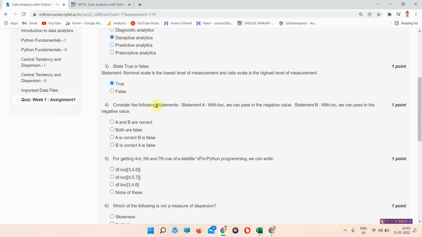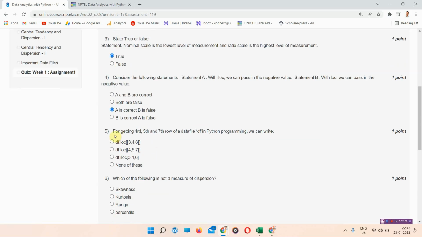The next question is: consider the following statements. Statement A: with iloc we can pass in the negative value. Statement B: with loc we can pass in the negative value. So the answer of question number 4 will be A is correct, B is false. Option number C. So the answer of question number 4 is option number C: A is correct, B is false.